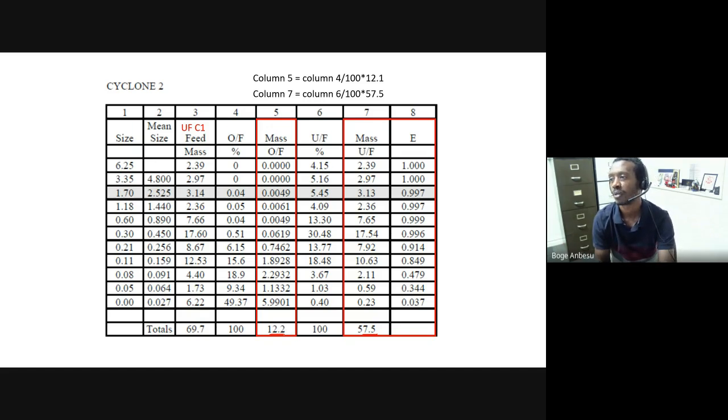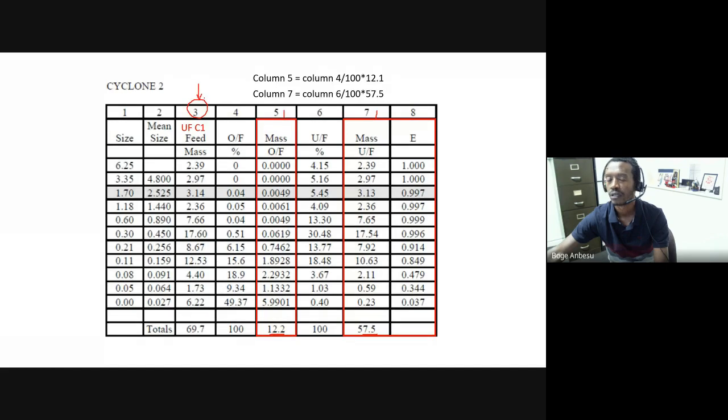Okay, so we've been given information about overflow and underflow size distributions. So the difference is you can either use underflow from cyclone 1, which is now feed for cyclone 2, or I just add column 5 with column 7, and that should give me the feed into the second cyclone, which should also be similar to this one.